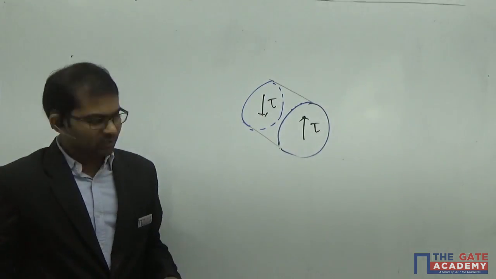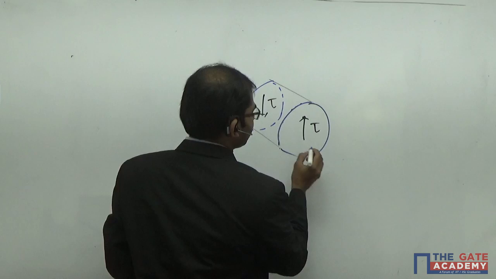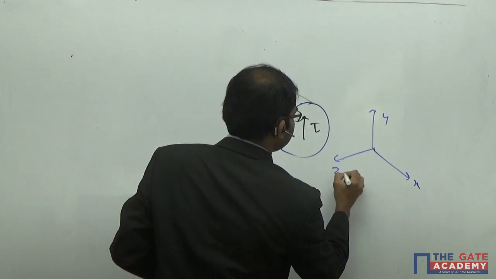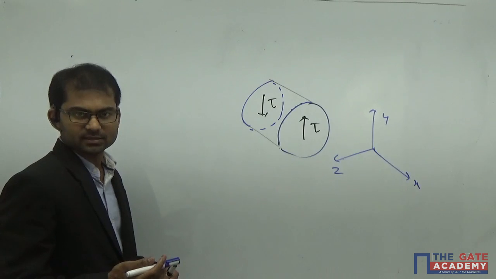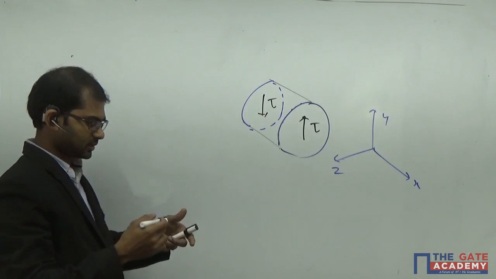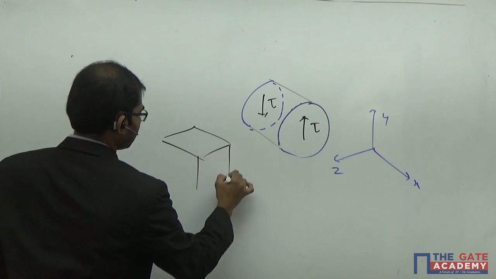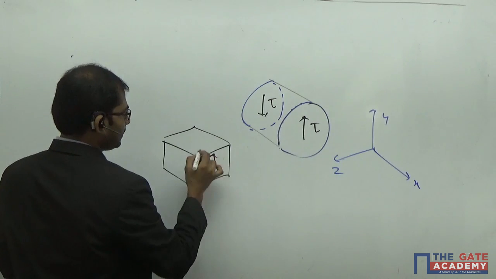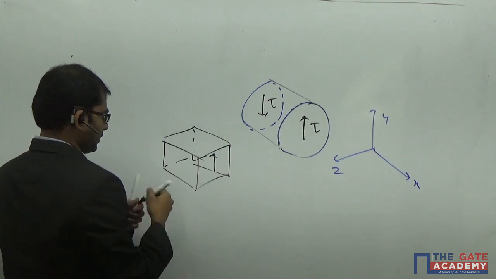If you take only these two parts and take the coordinate system in this way, with the x-axis along the length direction, the y-axis in the vertical direction, and the z-axis along this direction, and do the stress analysis just like we did in the 3D loading case, slicing the positive x plane, positive y plane, positive z plane, and taking a small element inside the material according to this coordinate system, you will observe that there is only this shear stress coming here, and the other one here.